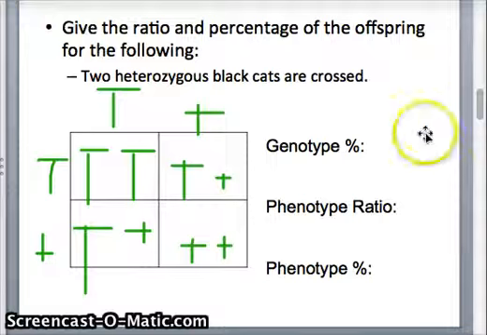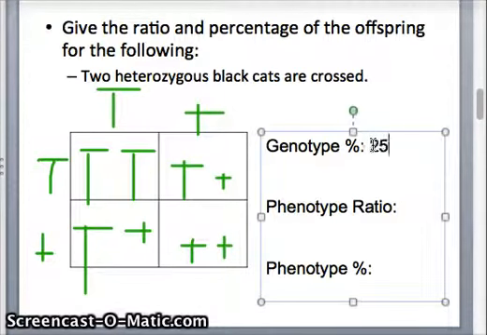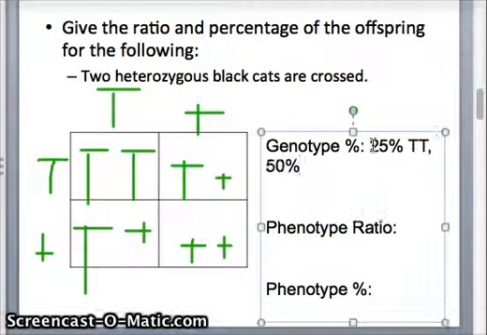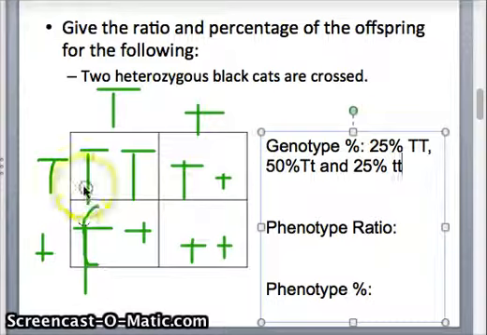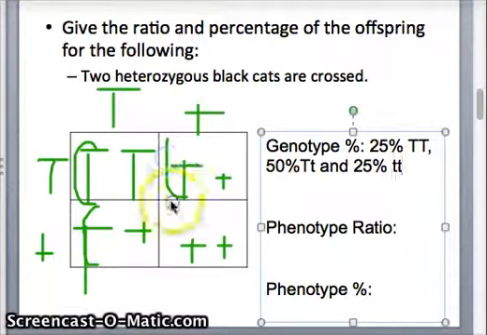Alright, so that gives us 25% big T, 50% big T, little t, and 25% little t. Our phenotype ratio, so if I go back and circle all the ones that have a big T, the phenotype ratio here is going to be 3 to 1 because there's 3 with a dominant T and there's 1 with no big letter.